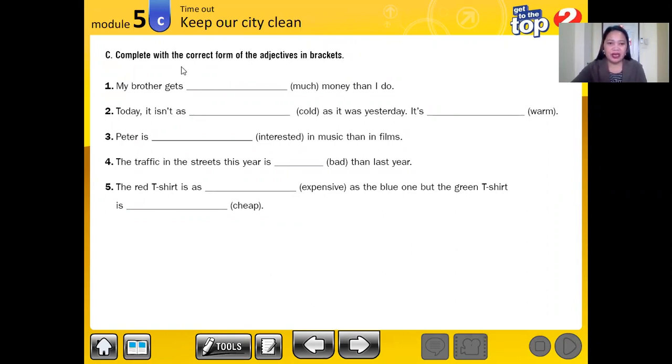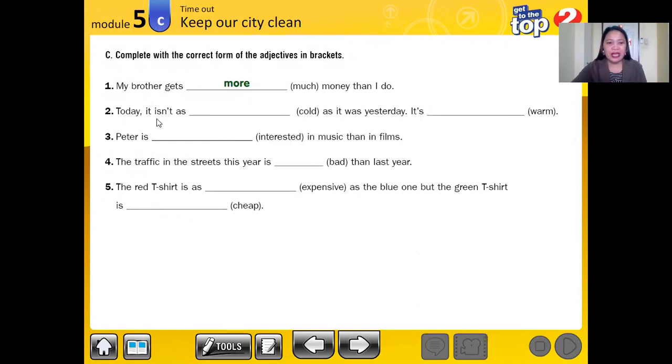We are going to use the adjectives that we have learned a while ago. So we say, my brother gets much money than... Remember the "than." Then we compare, so we use the comparative form, more money.